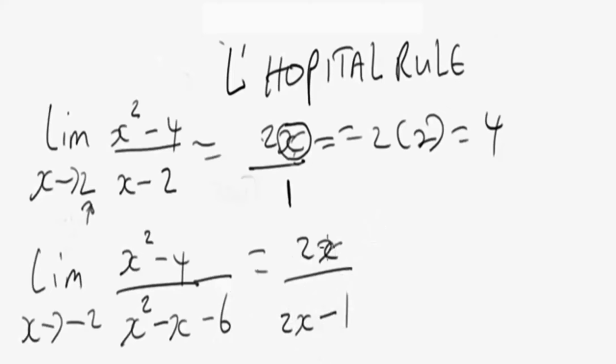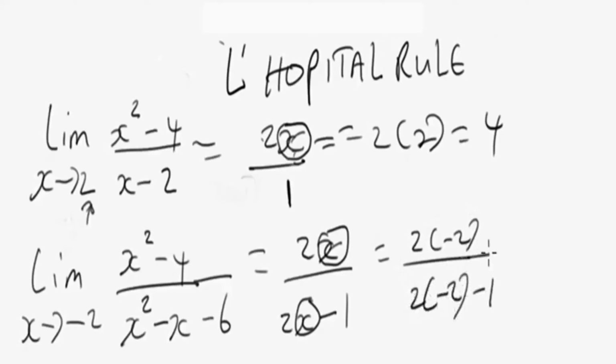When you plug in negative 2 here and here, you're going to have 2 times negative 2 over 2 times negative 2 minus 1. So we're going to have negative 4 over, 2 times negative 2 is negative 4, minus 1, negative 5. So you cancel the negatives, and the answer is 4 by 5.